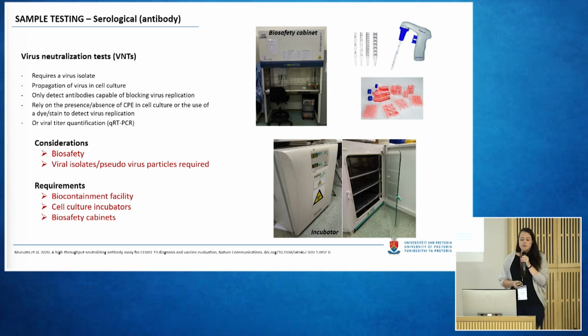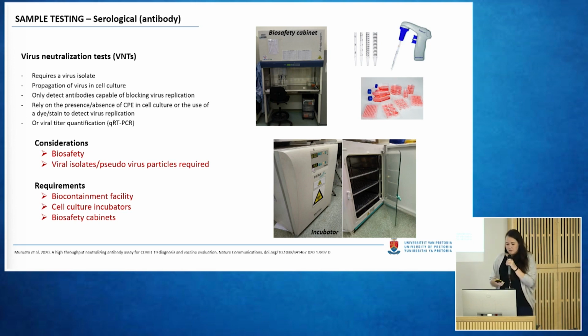So you do rely on the presence or the absence of CPE, which is a cytopathic effect in your cell culture, like cell death, or the use of a dye or a stain to be able to see if there's viral replication. Or you can look at viral replication using RT-PCR to see if there is an actual increase in viral titers or not.